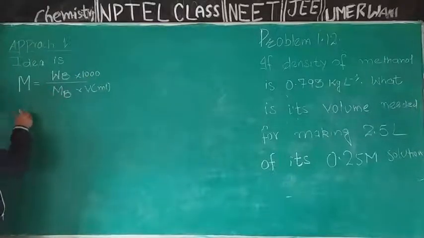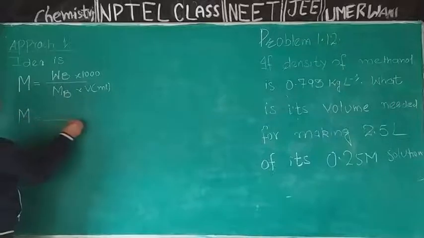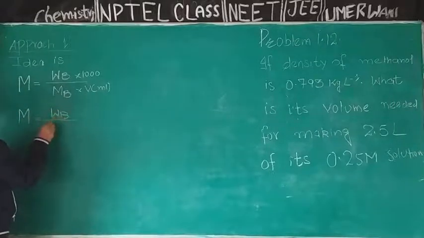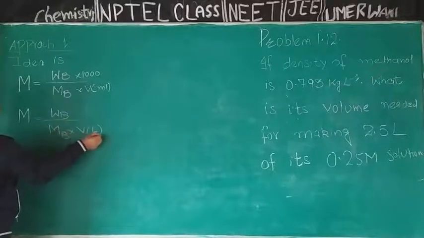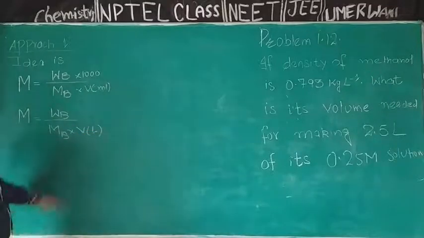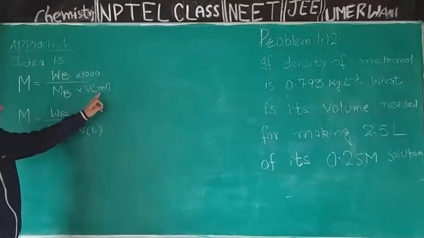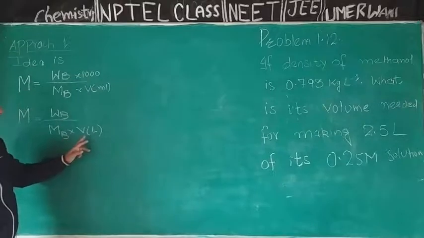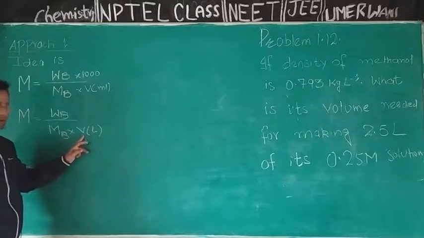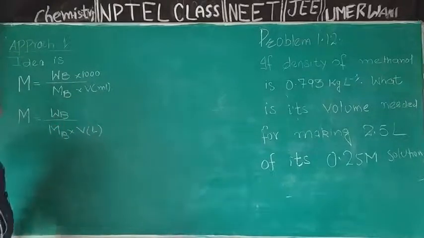Therefore equation will be molarity is equal to WB divided by MB multiplied by volume in liters. If you use volume in ml, then you have to multiply numerator by 1000. If you use volume in liter, you need not multiply by 1000.